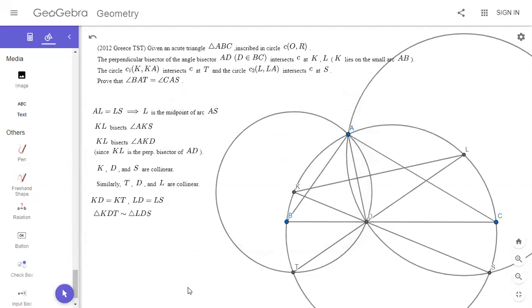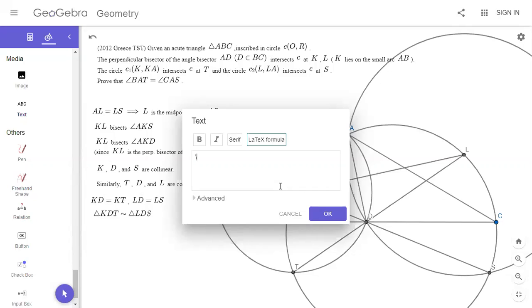Here we go. And so then that means that angle TAD is half of angle TKD, which is half of angle TLS, which is half of angle DLS.